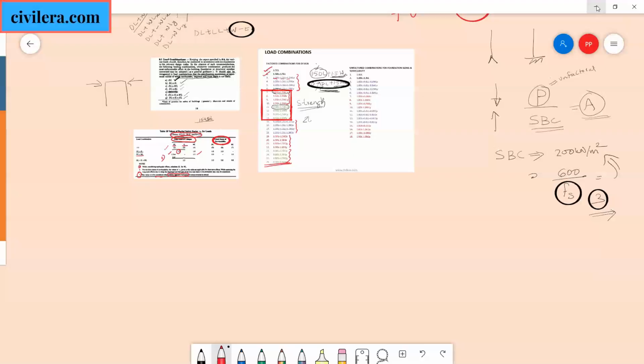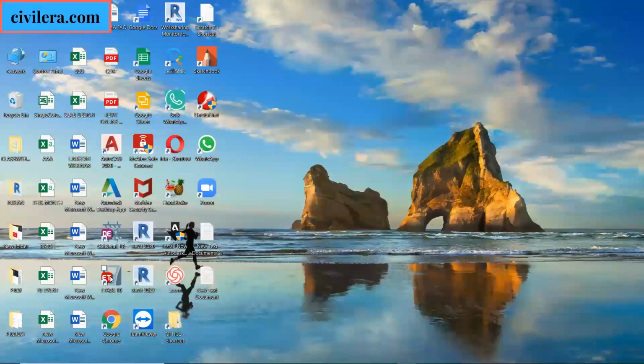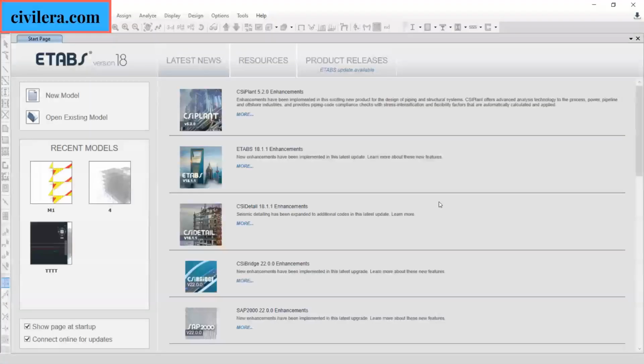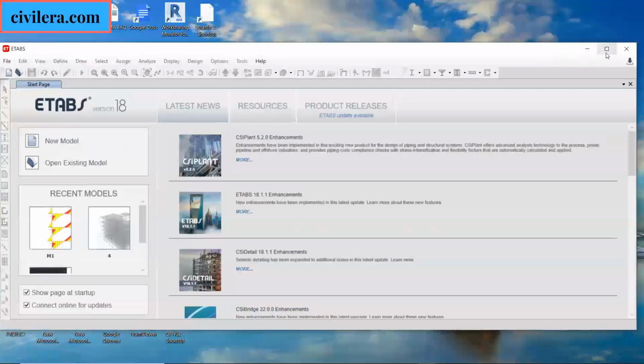Okay, so for explaining this, I might need ETABS. How many of you know ETABS well? All right. You can raise your hand. I can see that Srinivas Reddy knows ETABS quite well. So there are a few people who know ETABS well.